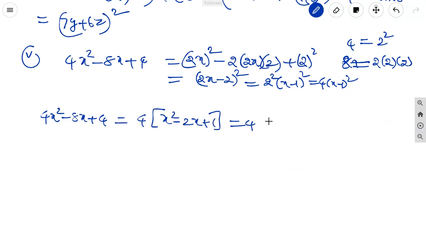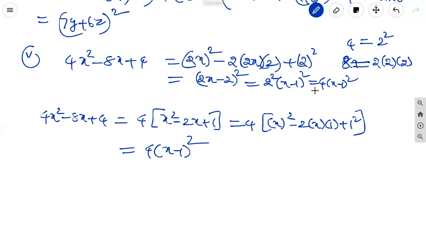It is equal to 4 into x whole square minus 2, a is x, b is 1, plus 1 square equal to 4 into x minus 1 whole square, by the identity a square minus 2ab plus b square equal to a minus b whole square.